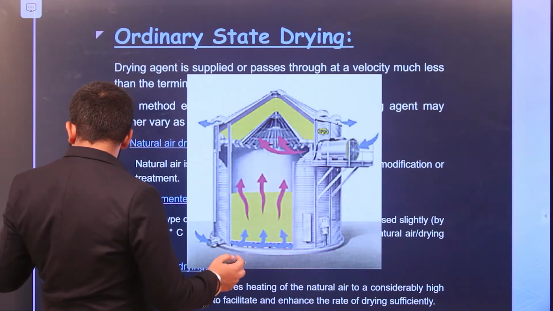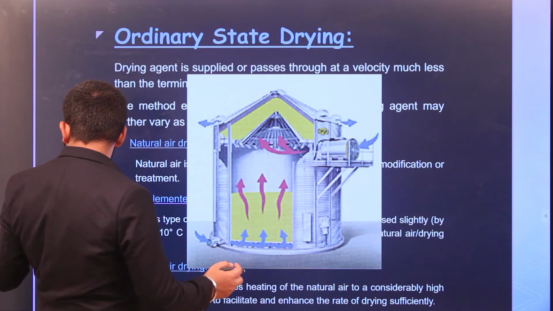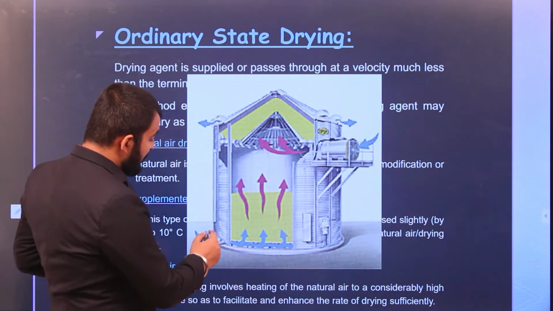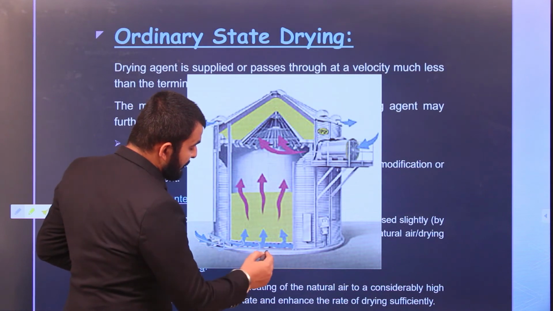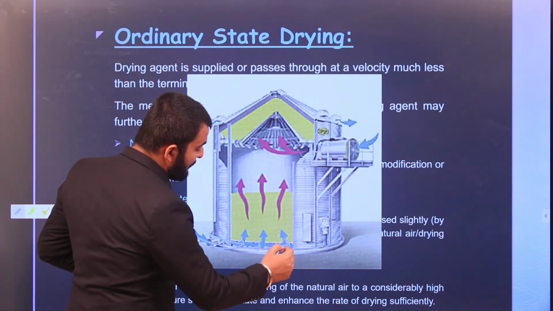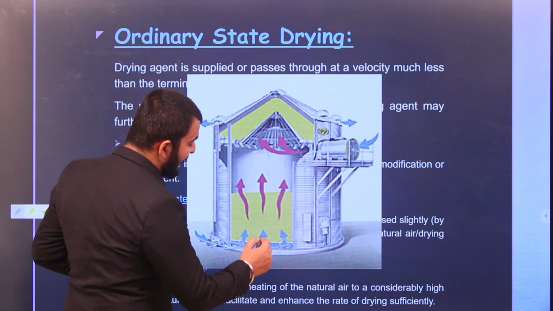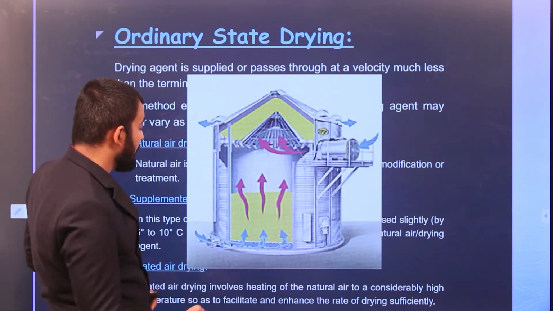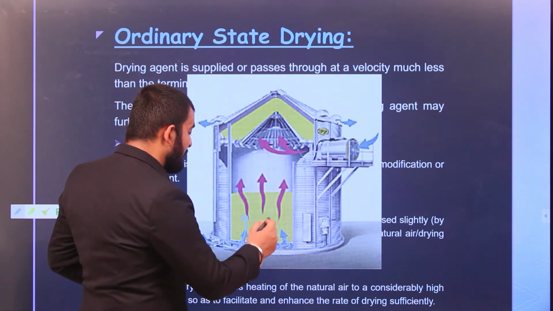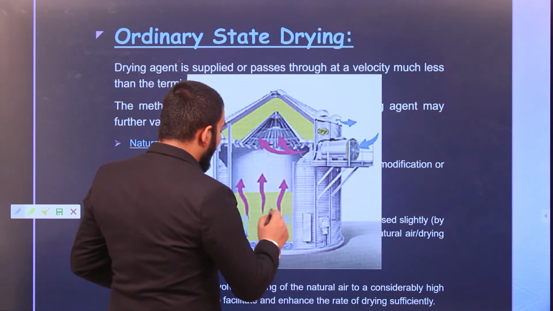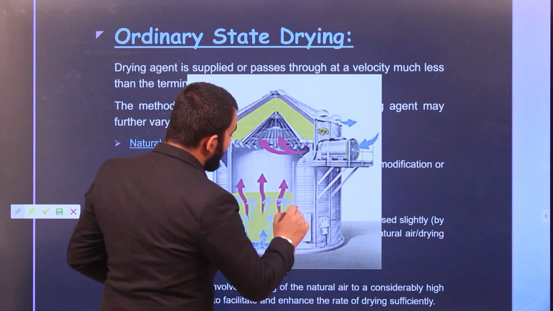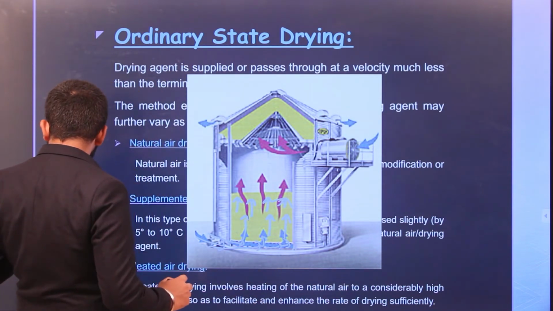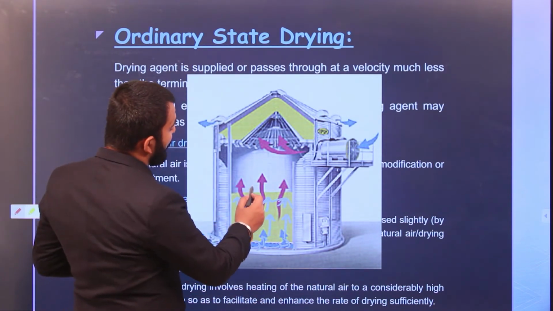So let me take a different color. This blue color here represents normal air from natural sources, or whatever you are going to use as the drying agent in this case. As this air rises up through the grains, it will absorb moisture from them. After gaining moisture from the grains, it will move up.